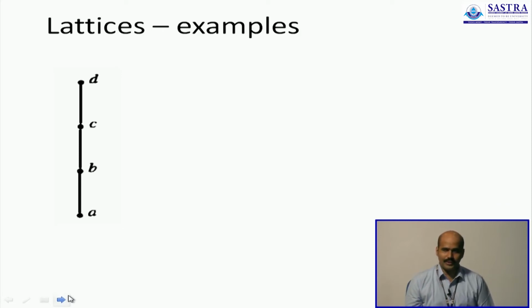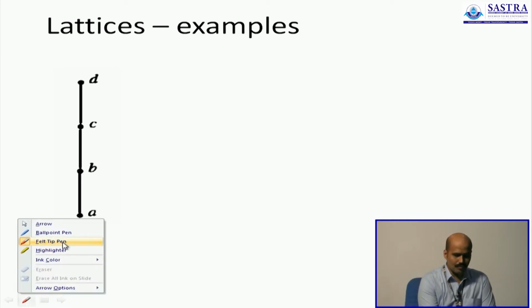It's clearly a poset because you have a Hasse diagram, and given any two elements of this set, the set containing the elements A, B, C and D, you'll always be able to identify one element called the GLB and the other element called the LUB. You can pick any two elements of your choice.